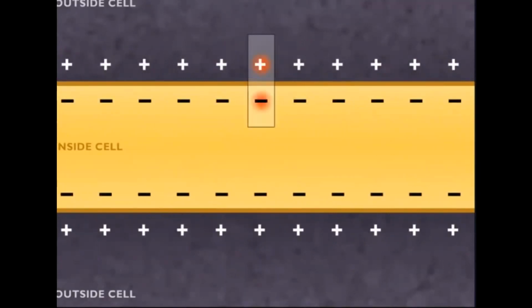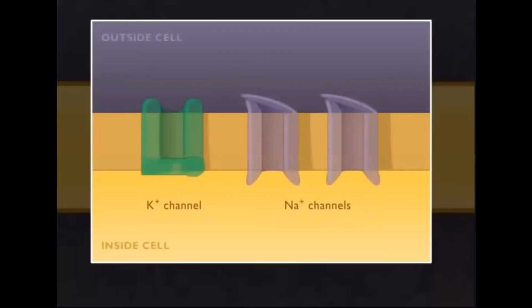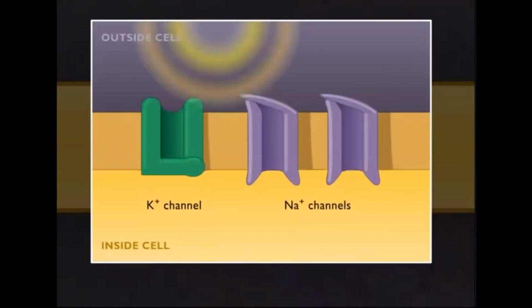The difference in charge between the interior and exterior of the cell is called the resting membrane potential. A nerve impulse begins when a stimulus disturbs the plasma membrane on a dendrite, causing sodium channels to open. Sodium ions flow into the cell, lessening the charge difference at that location.